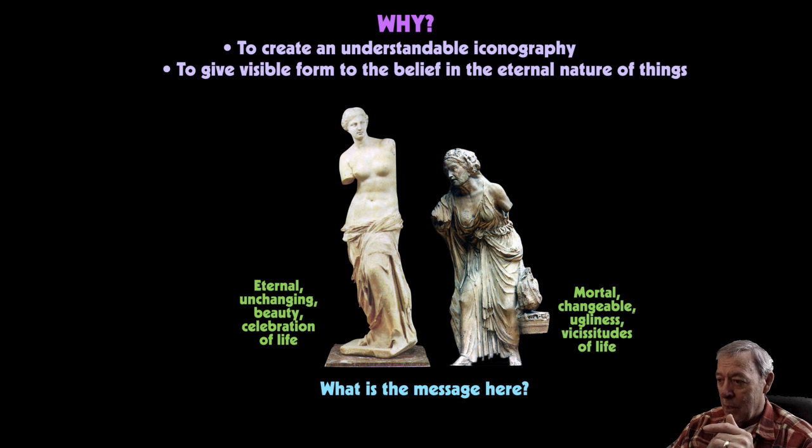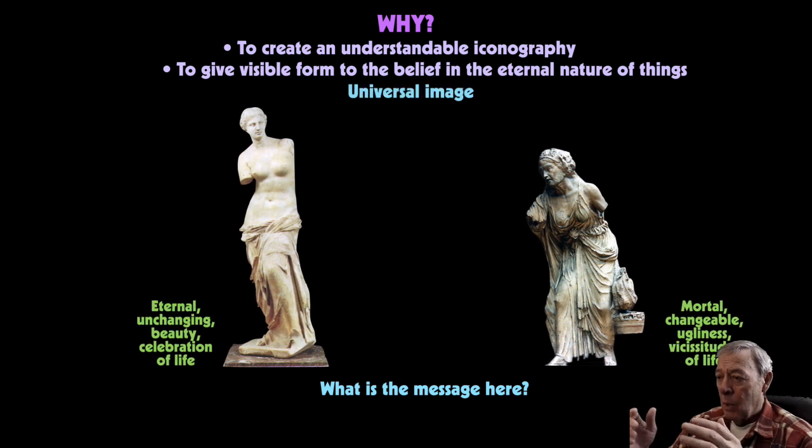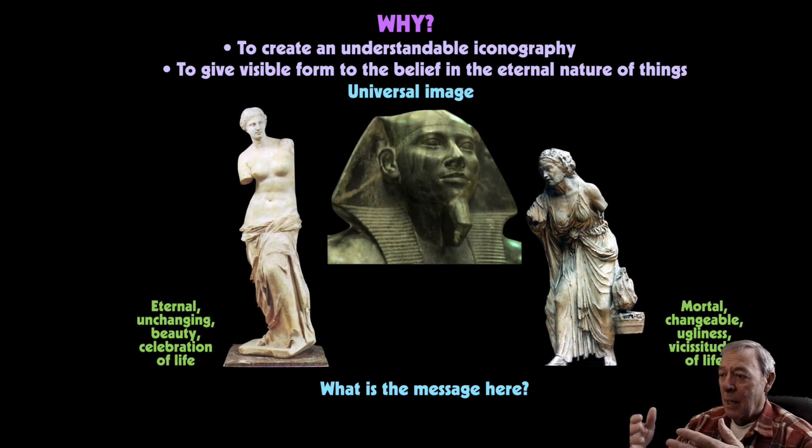Now, how does this relate to Egypt? Well, here we see a typical Egyptian pharaoh in which that idealized universal image is being used in order to communicate the pharaoh's nature. He's noble, he's serene, he's unchanging.